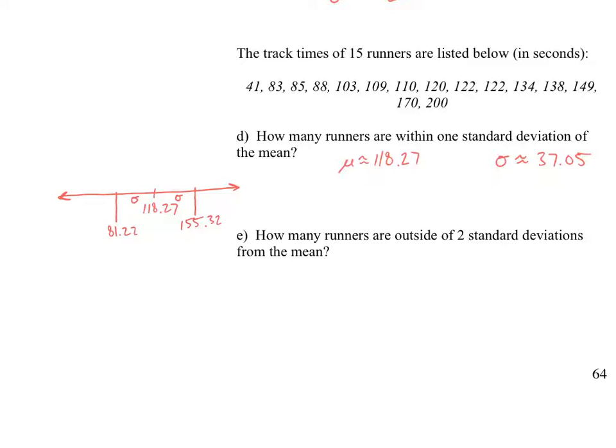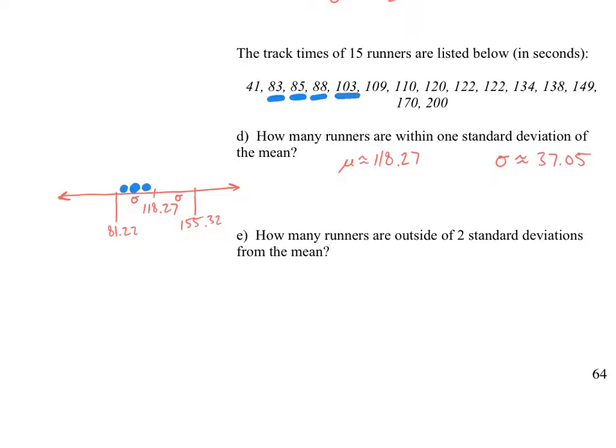And so the question that's asked is how many runners are within that range. So what I'm going to just visualize here is a marble for each person who belongs in that range. And so 83 would belong there, right? This person would go in this range, so they'd be in that part of our number line. And with the 88, they'd be in there.